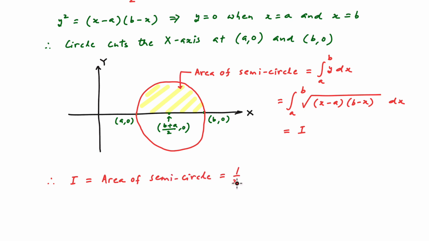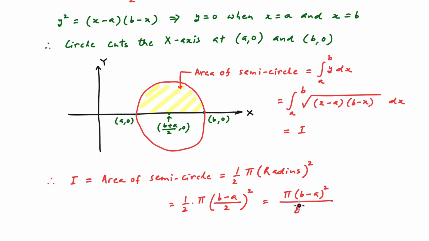And this area is equal to half of pi times the radius squared. The radius is equal to (b minus a) upon 2 as determined earlier. Therefore, I is equal to pi upon 2 times ((b minus a) upon 2) whole squared, which is equal to pi times (b minus a) whole squared divided by 8.